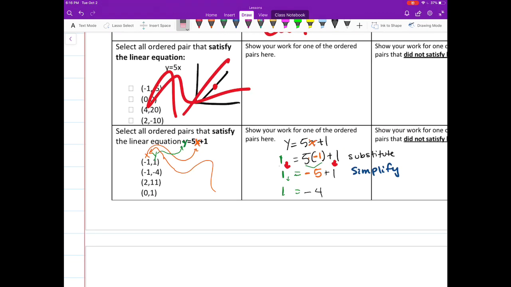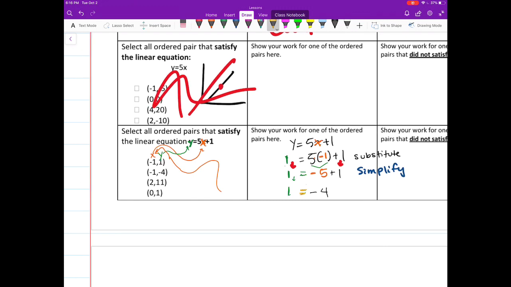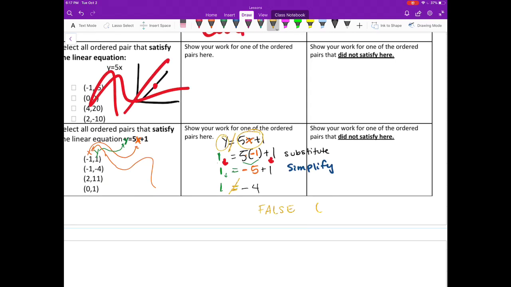Now, let's get to the end. Is this true? 1 equals owing $4? 1 is -4? That's not true. So because that is false, because this side does not equal this side, that tells me that -1 comma 1, okay, that tells me that this point does not fit the line.